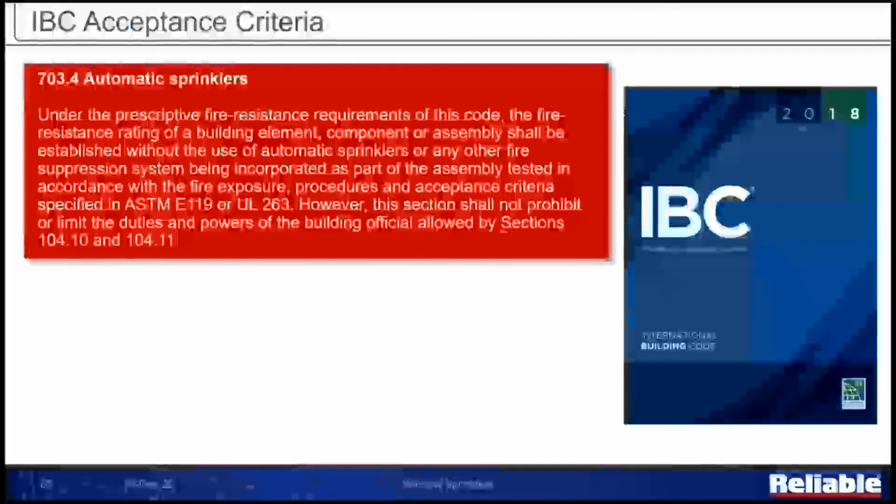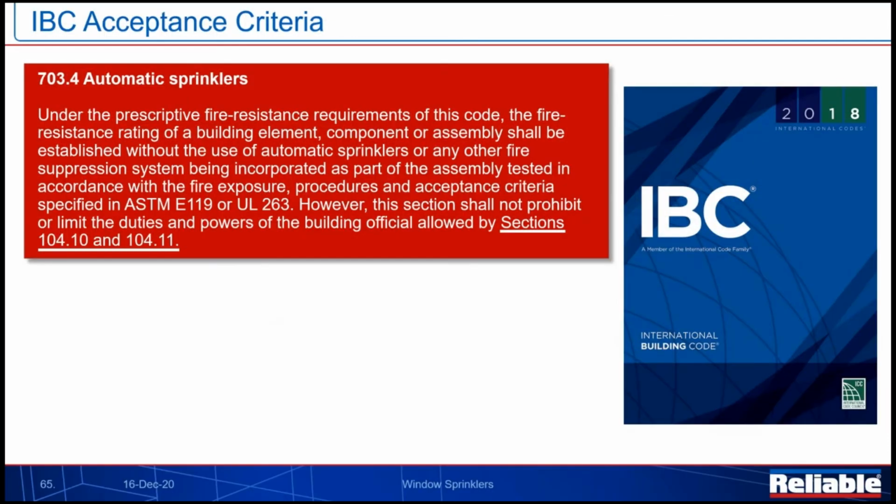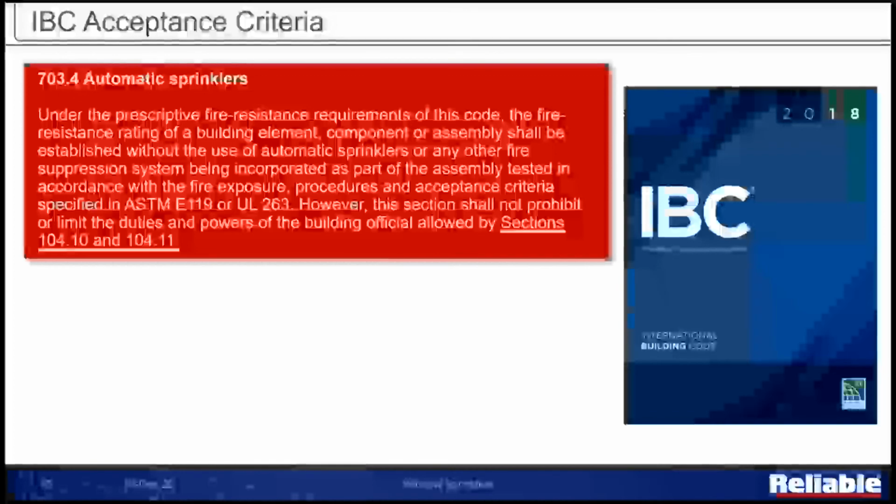But if you read on a little bit, it talks about this section shall not prohibit or limit the duties and powers of the building official allowed by sections 104.10 and 104.11. So what is that?